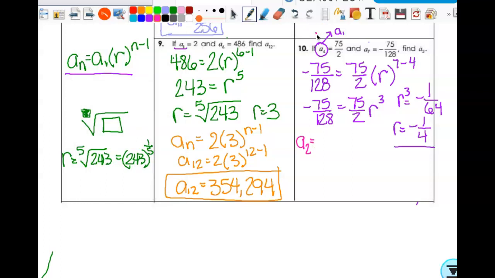So our pretend first term is 75 over 2 times r, which is negative 1/4, to the n, which is 2, minus 1, but we have a pretend 1, so it's really 2 minus 4, which is really going to give us a negative exponent, but that's fine. It all works out just fine. And I get that the second term is equal to 600. But again, type it in. Make sure you actually, when you get this, when you push the buttons. Okay?